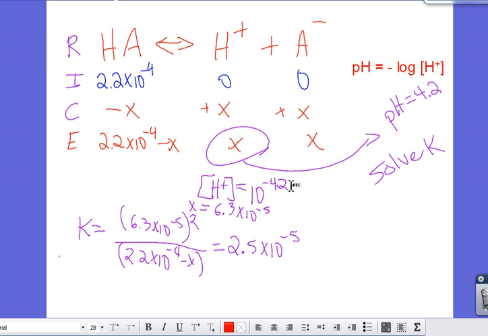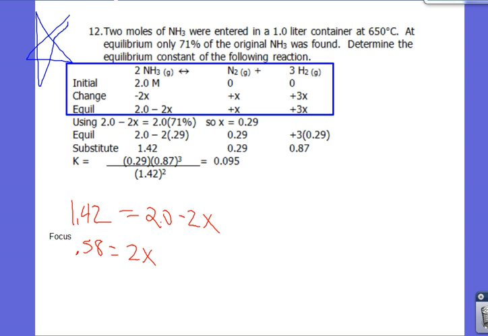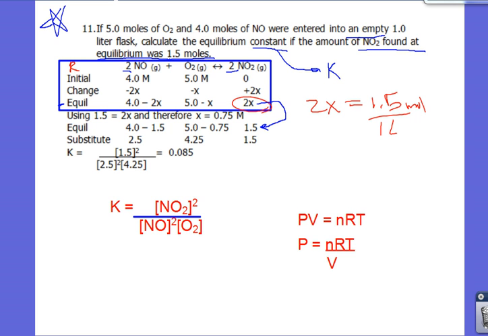H would be equal to 10 to the negative 4.2. Yay, I know X, and I can plug it back into everything. This minus X, this is X, this is X. And I could solve with the equilibrium constant. This is all fake data, just another example of ways of giving an equilibrium value, similar to here's a percentage, or here's how much is at equilibrium.